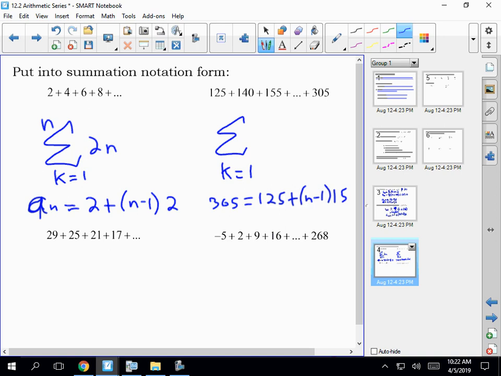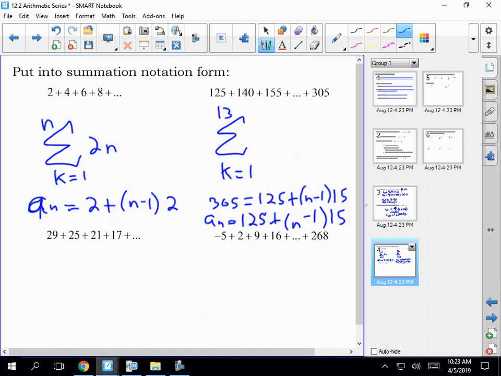180 divided by 15. Okay, so we're going to go k equals 1 to 13. And then our expression is a sub n equals first term 125 plus n minus 1 times 15. This is hard to write on here.